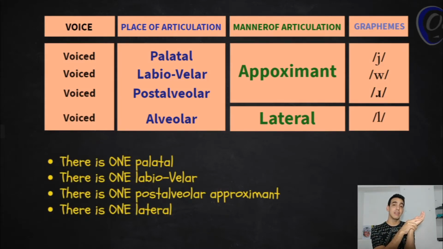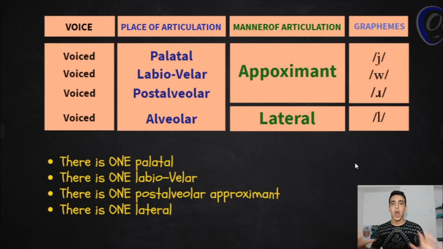When you utter it, you have like a curl with your tongue, touching your alveolar ridge with the tip of the tongue, and the air escapes through the sides. And it's represented by this one. So there is one palatal, one labiovelar, one postalveolar approximant, and one lateral. So you can call them palatal, labiovelar, postalveolar approximant, and lateral.